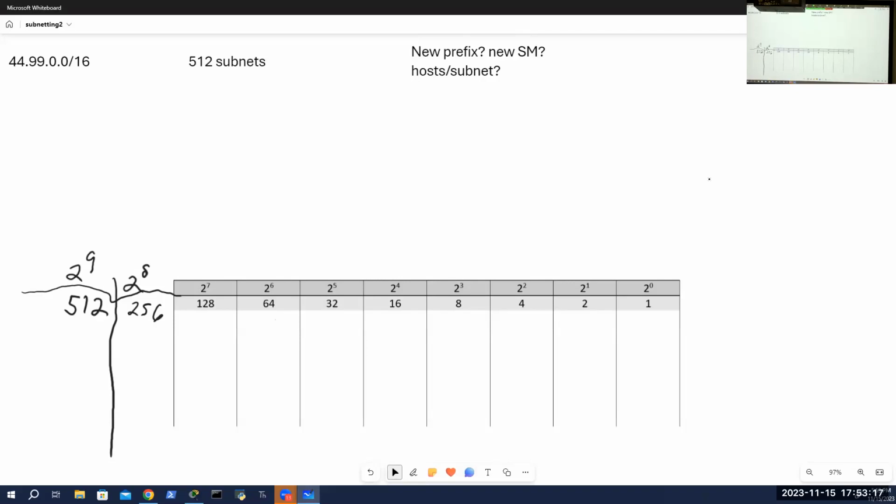There's the extra 2 columns that you would need in the table to get to 512.